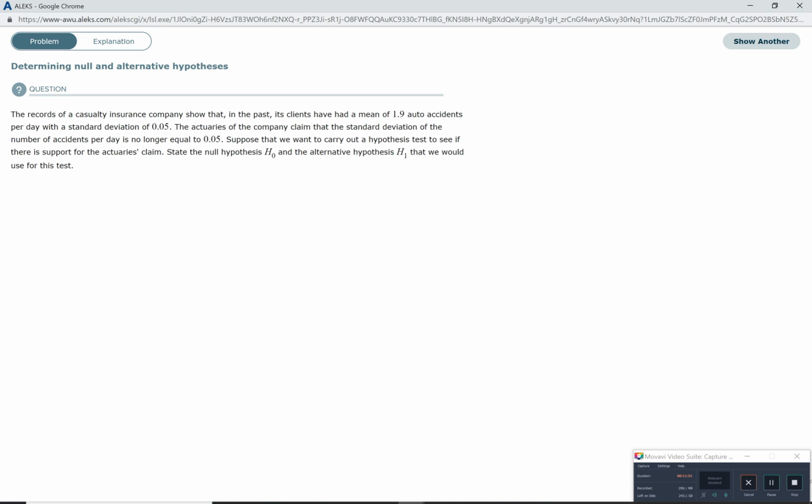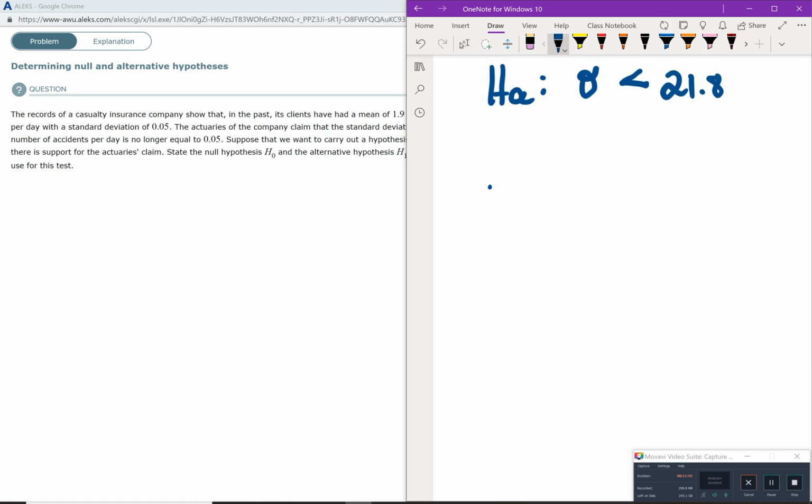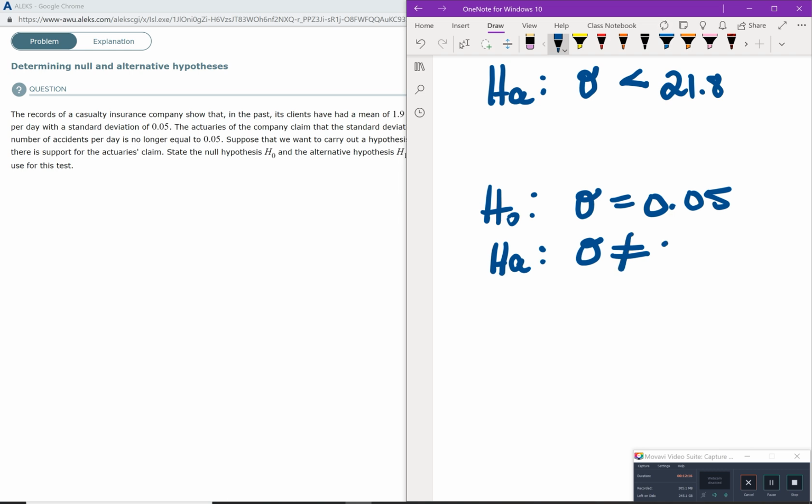So you would say again that the null hypothesis here is that the standard deviation is equal to 0.05, and the alternative hypothesis is that sigma is no longer 0.05. We don't know greater than or less than, we just know it's no longer that.